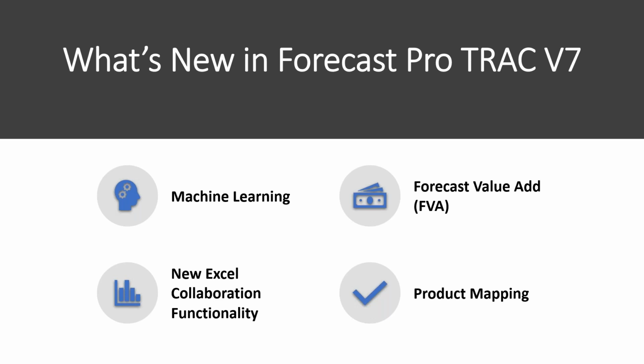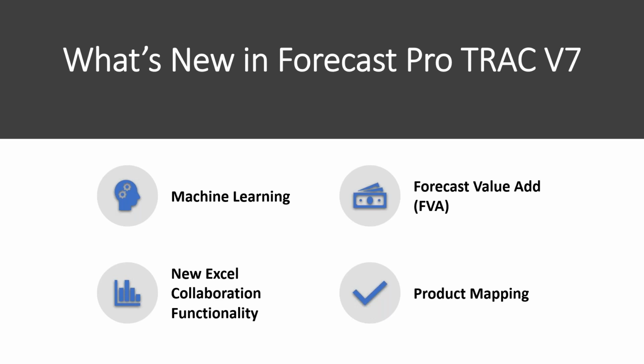If you have any questions about the other new things that you encounter as you explore TRAC v7, please do not hesitate to reach out to us. You can email us at any time at support@forecastpro.com, or we're always available to take a phone call as well.